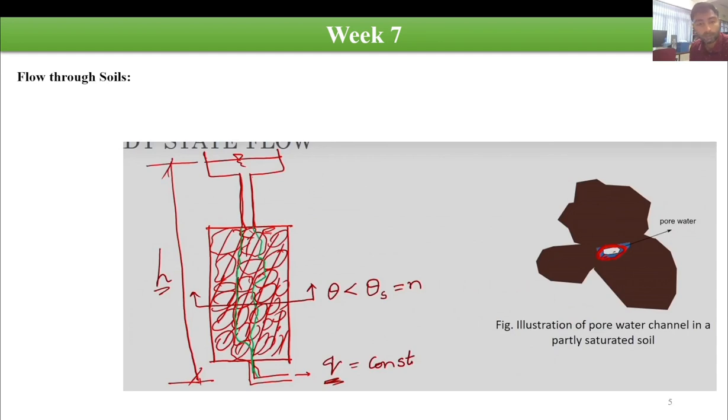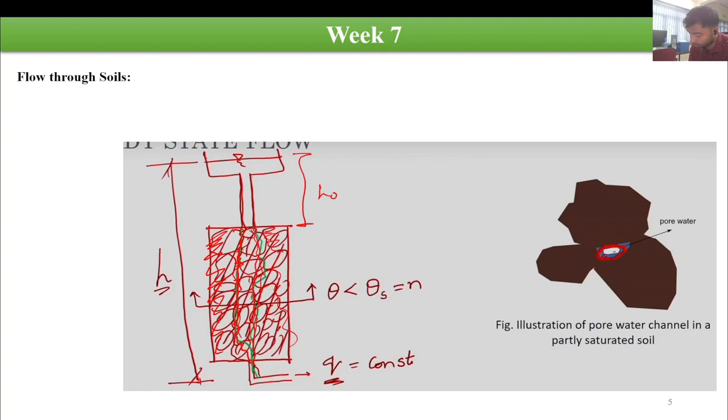While we understand the concept of flow through soils, we also understand that in unsaturated soils, Q is not always constant. In some cases, like this vertical column, a particular head is being maintained at the top, and the flow of water is taking place. It can happen that the soil in this zone might not be saturated, but the soil in the middle zone is saturated due to the flow of water, and these pores are filled with water.